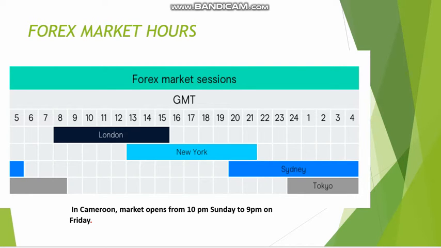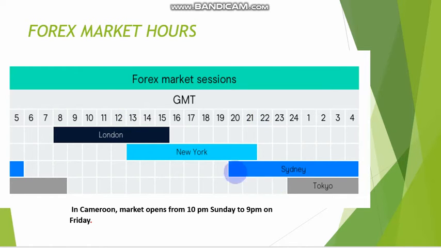Yeah, let me give you a breakdown. The London session, that is GBP, starts from 8 o'clock GMT to 15 o'clock GMT. During that time, we have the GBP, the British pound, in control. The New York session starts from 12:30 to 21:30 GMT.